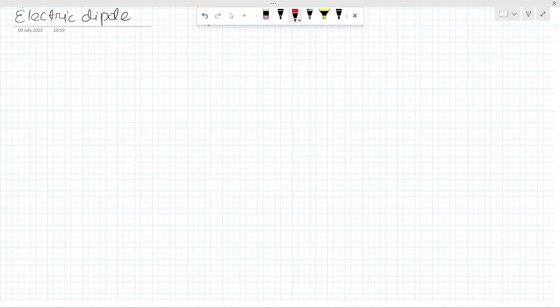Two equal and opposite point charges separated by a very small distance constitutes an electric dipole. So what does it mean?